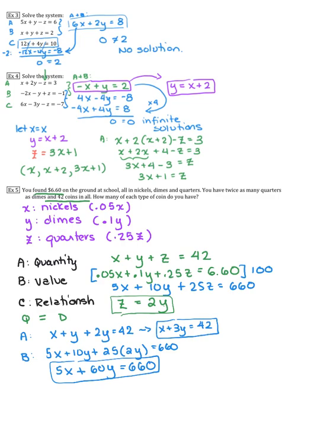So what I'm going to do, notice in this equation, everything is divisible by 5. They're all nice, and I like to make things smaller than make things bigger, but again, you have a calculator, you can choose what you want to do. So I'm going to rewrite these. So this one will come over here, x plus 3y equals 42. This one I'm going to divide everything by a -5, so that I have a negative x minus 12y equals 660 divided by 5.